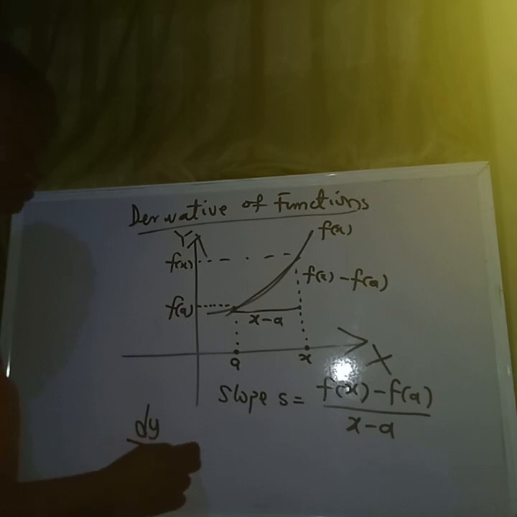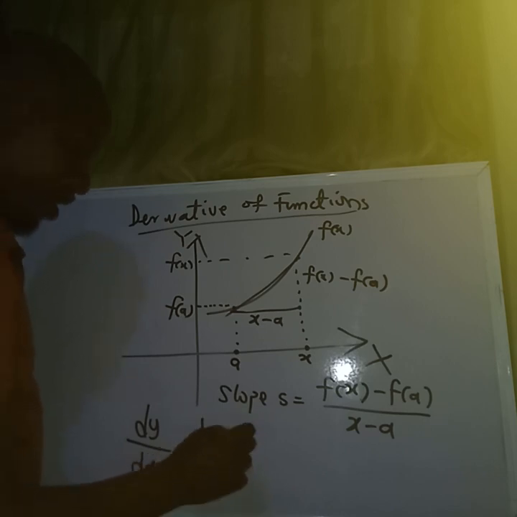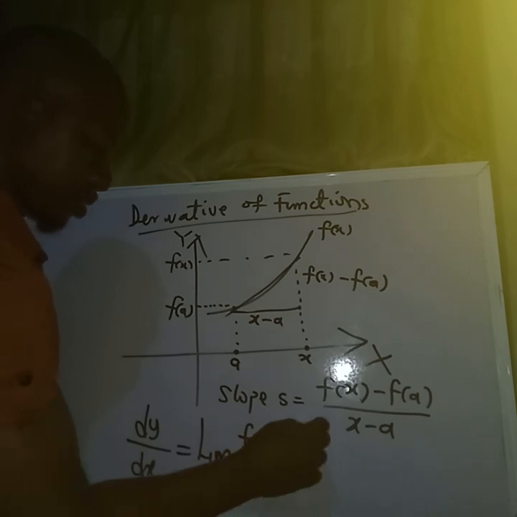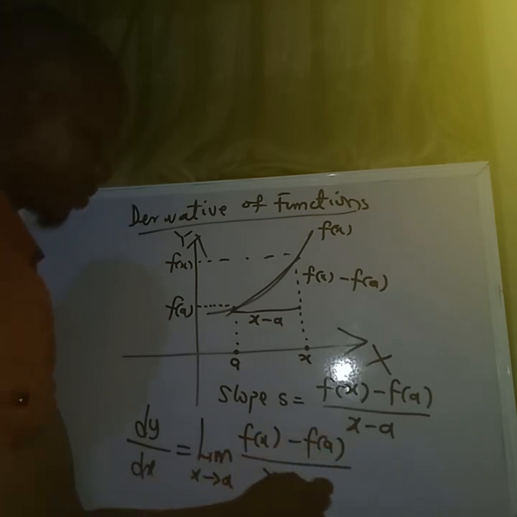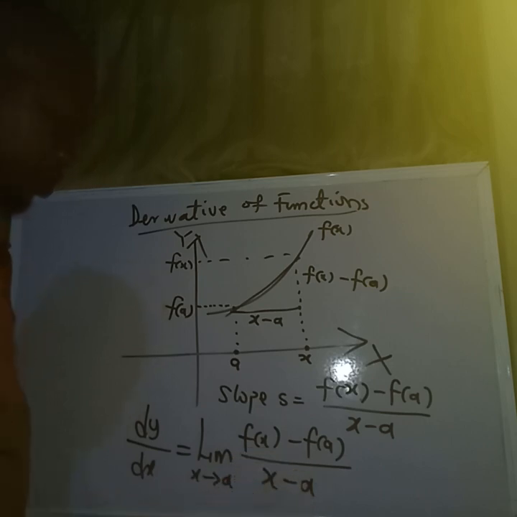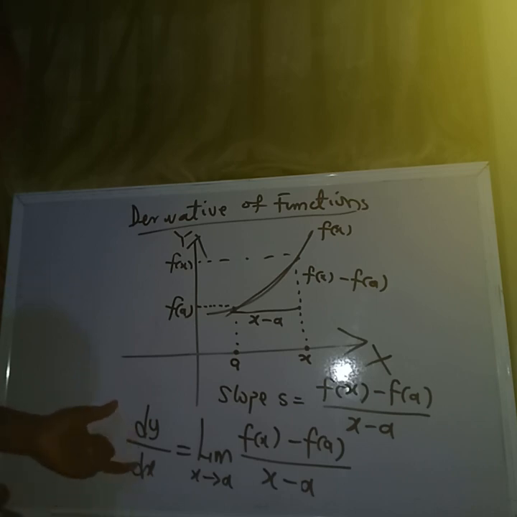So this will be equal to the limit as x tends to a of f of x minus f of a all over x minus a. So this formula is what we refer to as the derivative of a function, otherwise known as the slope of a function.